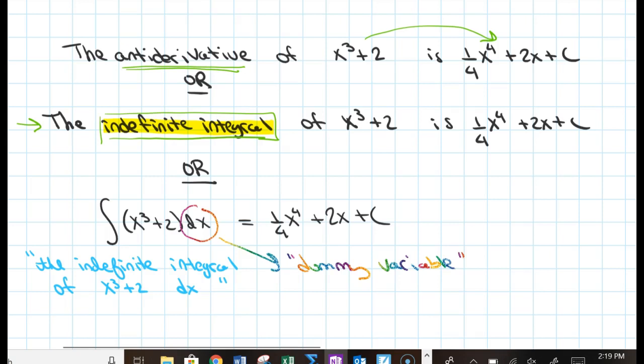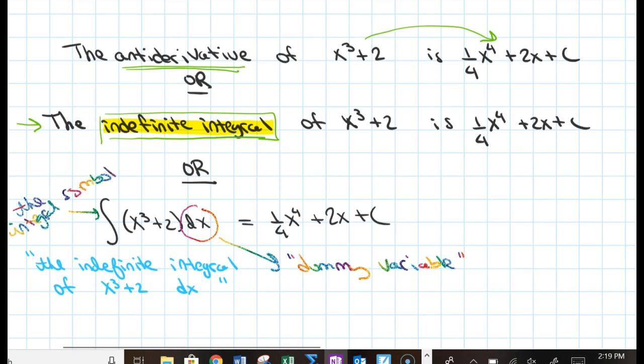There is always a dummy variable when we take the indefinite integral, and you'll see why it's there and what it symbolically represents in a while. This symbol right here is called the integral symbol. It is, yes, the big S, Arjun.